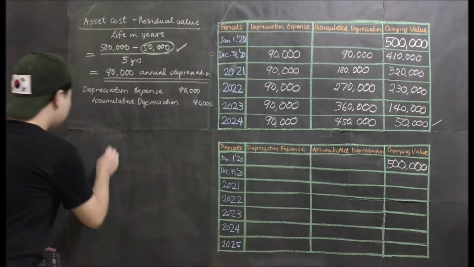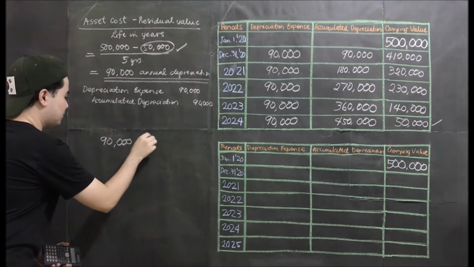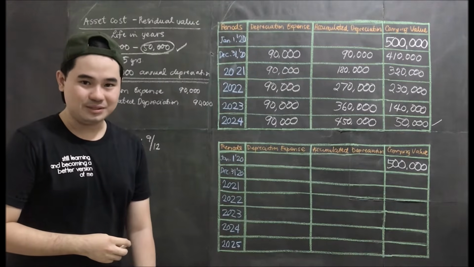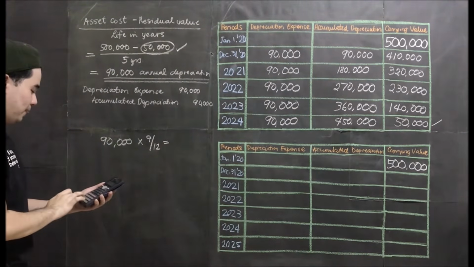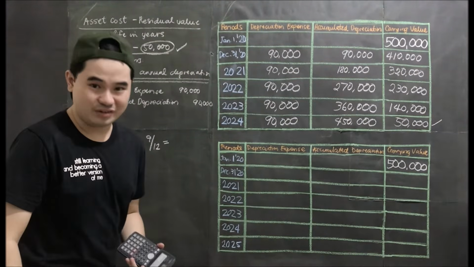So, your equation would be 90,000 times 9 over 12, which is 67,500.